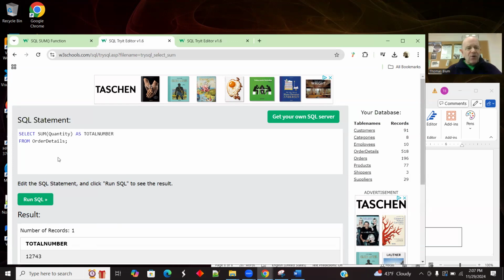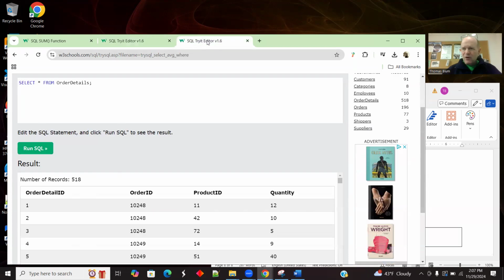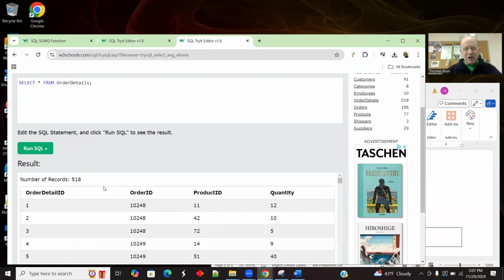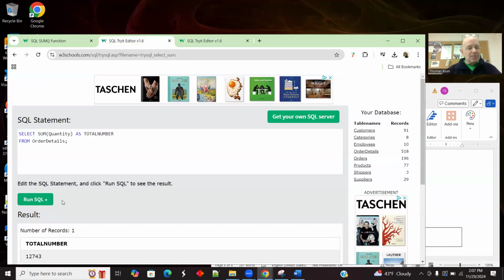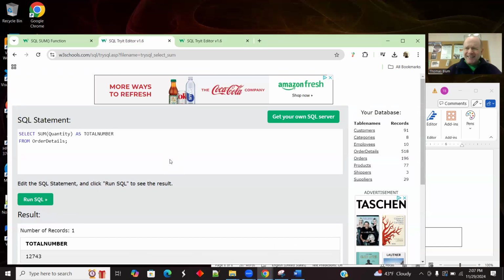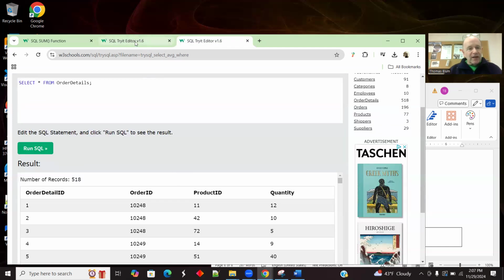Okay. Now we know from playing before that we can add where clauses or group by clauses. So within order details, there's an order ID field. And so we can say where order ID is 10248.